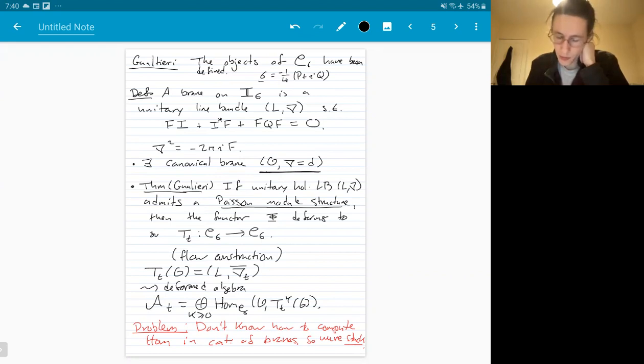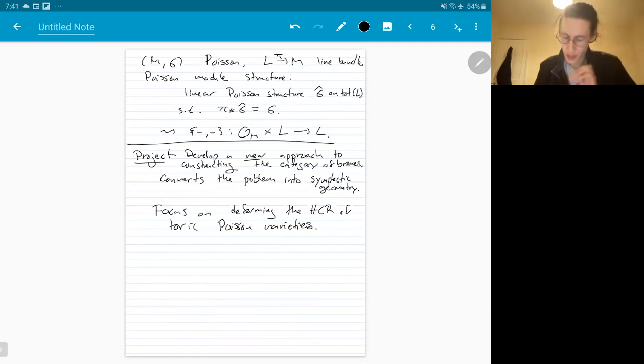Definitely in Marco's paper on branes on Poisson varieties, he had something like this in mind. The problem has always been the inability to define the homomorphisms. So this project is the first little bit of progress towards doing this.